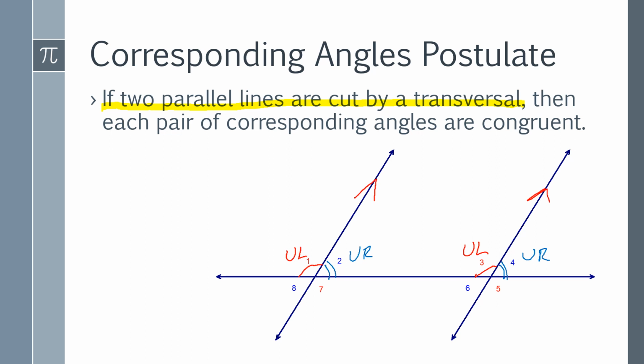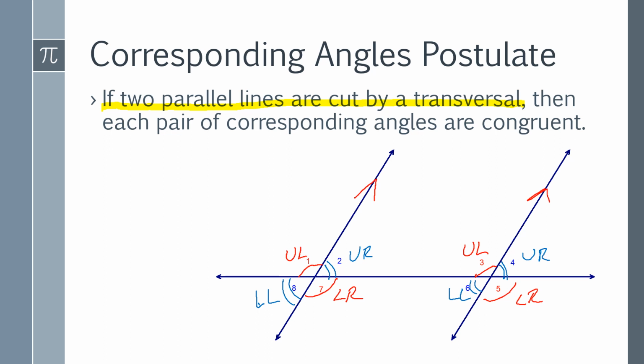And we can kind of work through this concept, but we're going to say here that angle 7 is congruent to angle 5 because this is lower right and this is lower right, so those would be congruent. And then we would say angle 8 and angle 6 are congruent because those are lower left and they're corresponding.